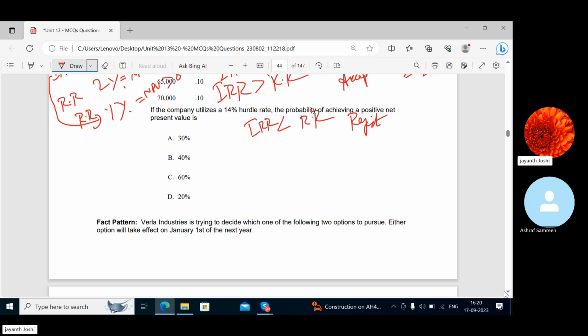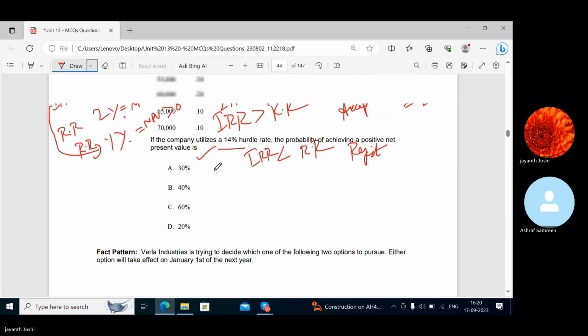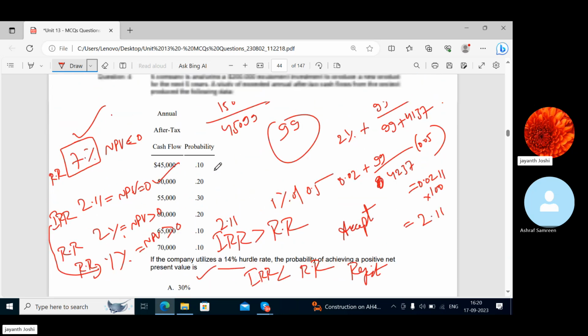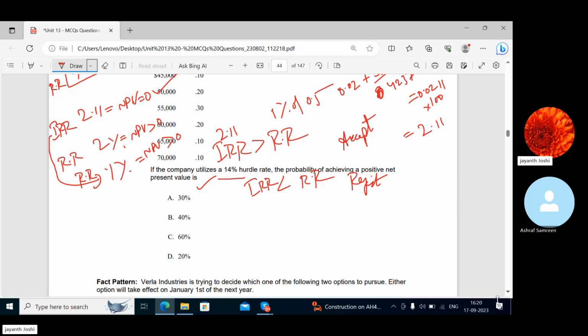What are they asking? First of all, if the company utilizes this, the probability of achieving a positive NPV is. So for that, you need to find out the NPV, right? So we will do the calculation. The probabilities are given. So first the discount factor is 14%, right? So we'll take the cash flows.